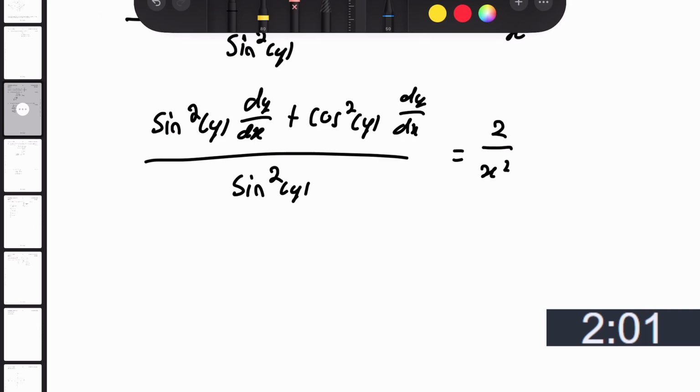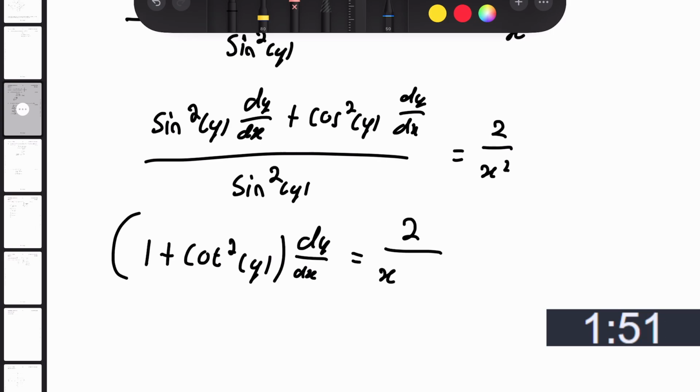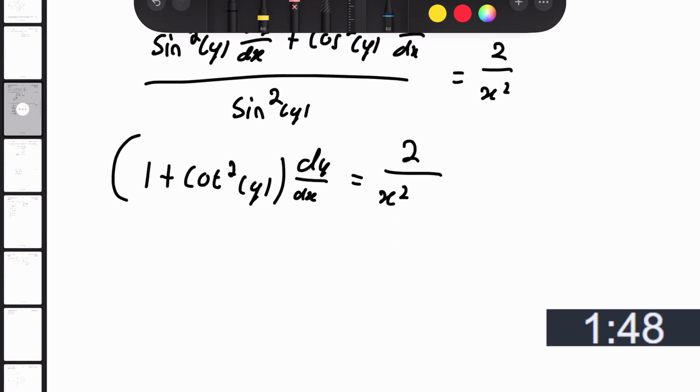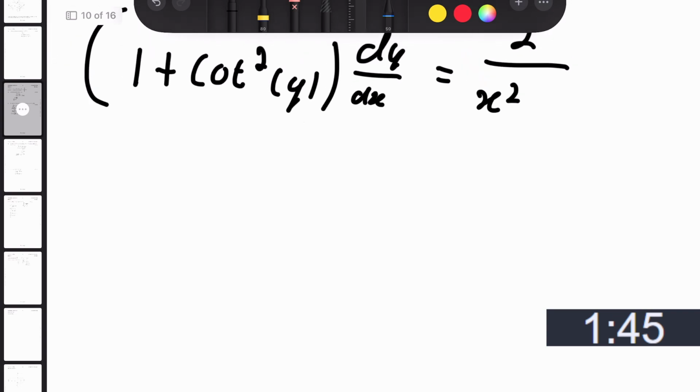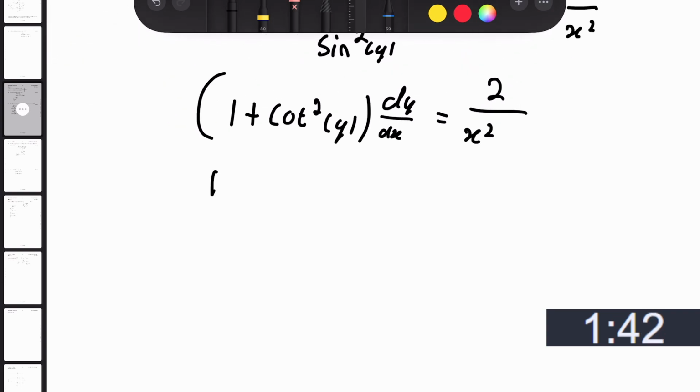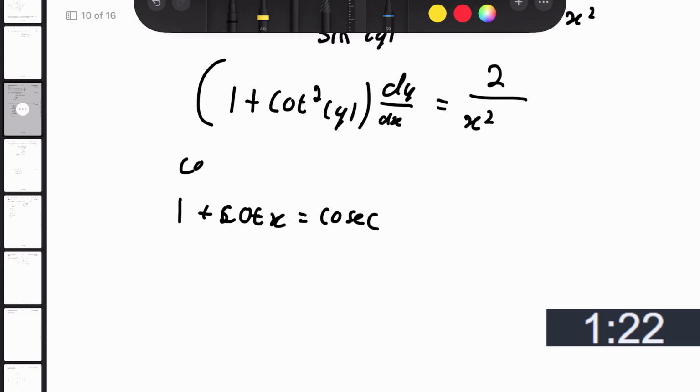Then this becomes 1 plus cot squared of y dy dx is equal to 2 on x squared. Now cot squared of x is going to be equal to sine, so 1 minus cot of x equal to cosecant. So this is equal to cosecant squared of y dy dx.